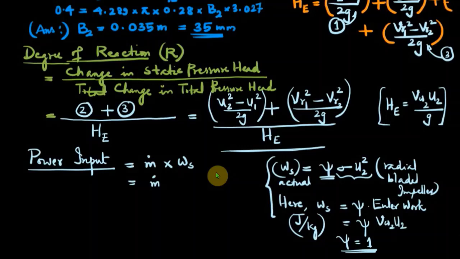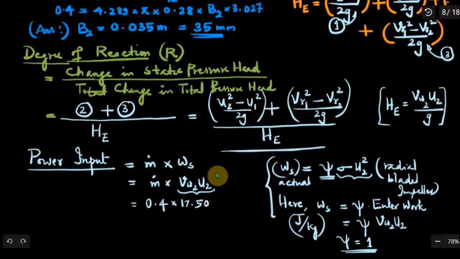So m dot is equal to 0.4 kilogram per second, which we found out, multiplied by this part, VW2 U2 in this case. So m dot we calculated already as 0.4 kilogram per second, and this VW2 U2 part we calculate, that product will be in joule per kilogram. This will be VW2, 17.505, multiplied by your U2.